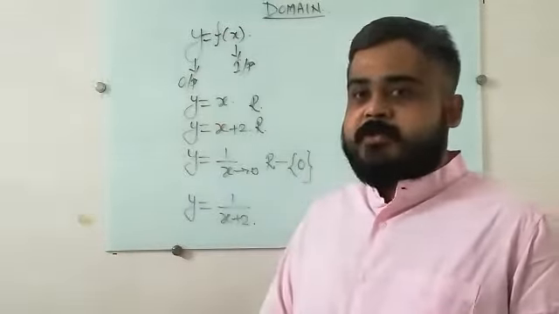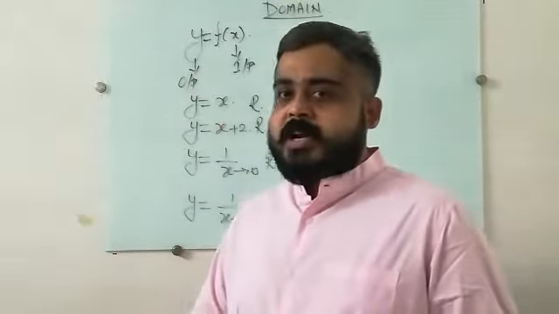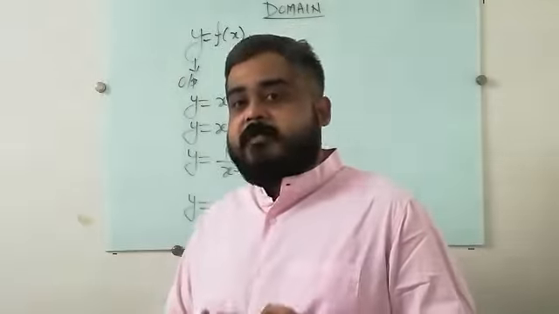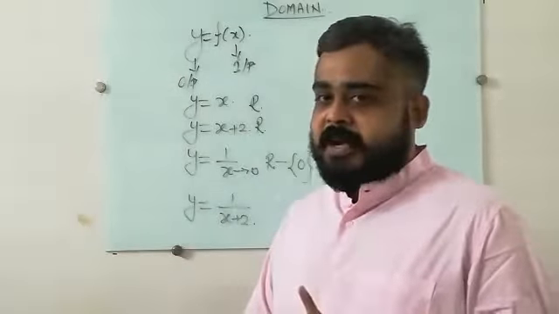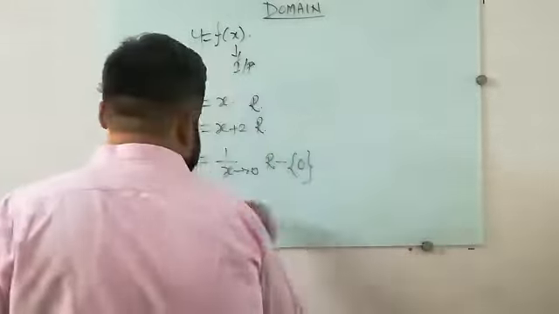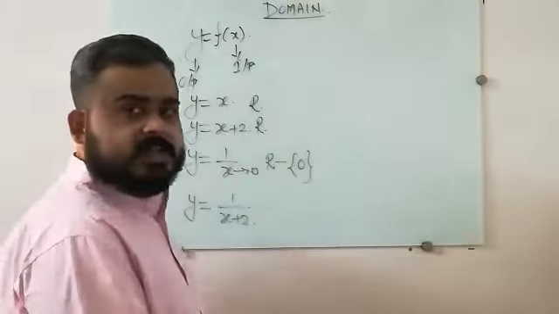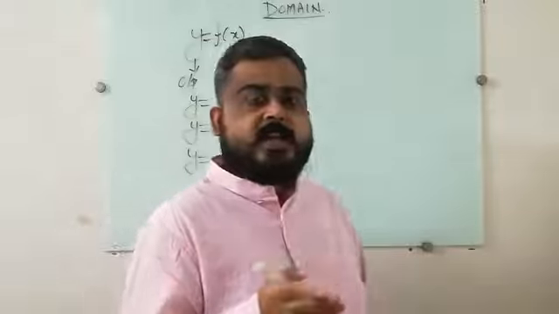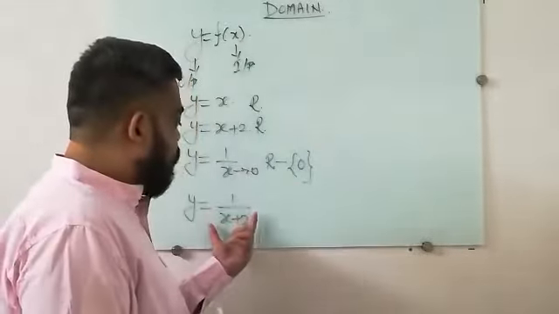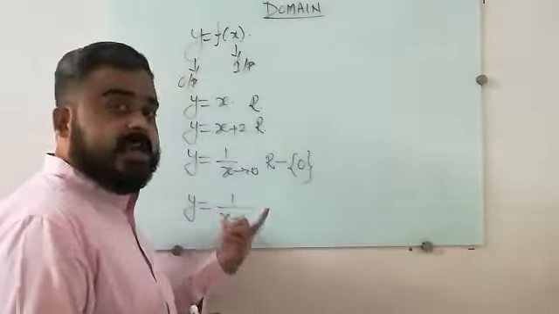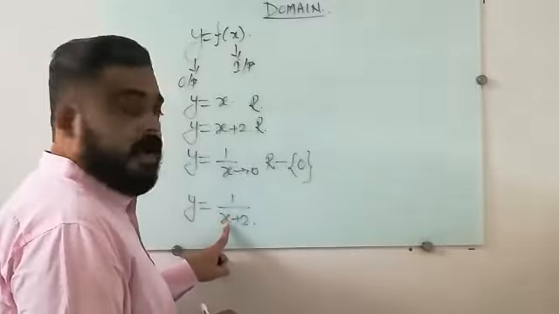All other values of x will be included other than the value for which the function is undefined. Okay, so here we can substitute a number of values of x from minus infinity to plus infinity. Now what causes this function to become undefined is x equal to minus 2.